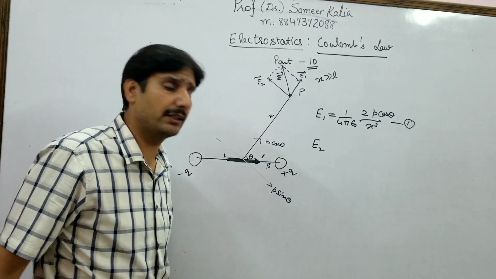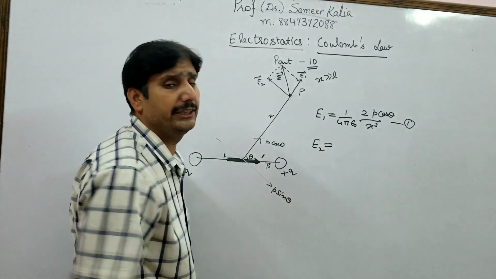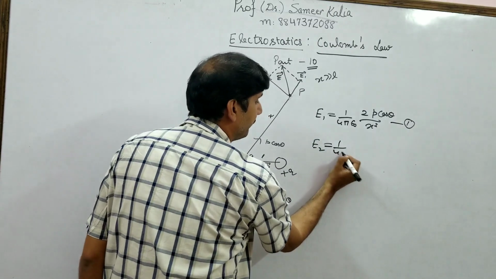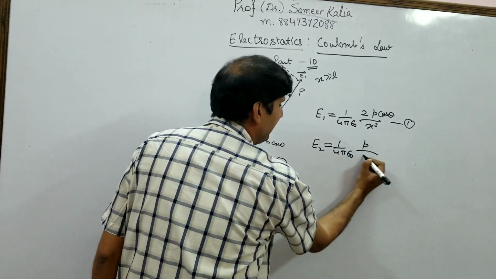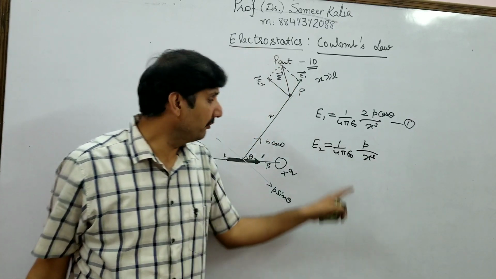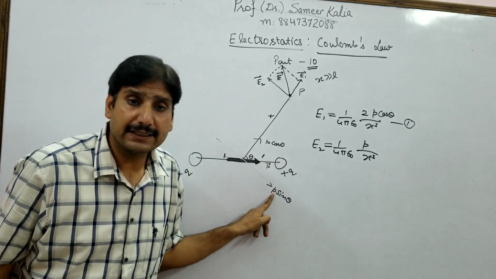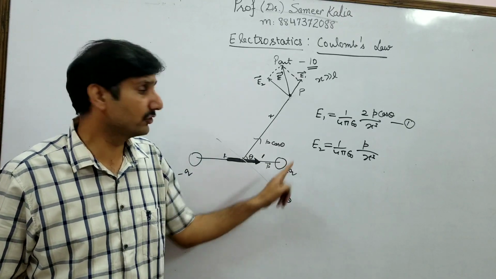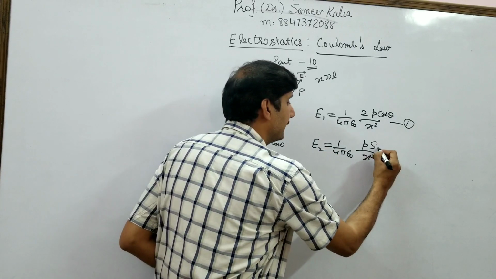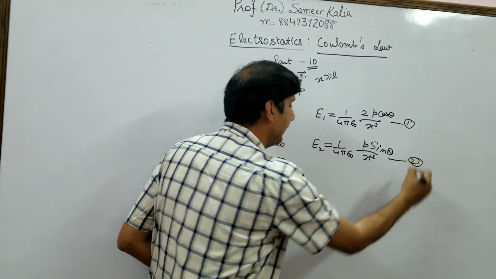From the previous part of this lecture series, I know E2 is 1 by 4 pi epsilon naught, p by x cube. But when we derived this expression, the dipole moment was p. In this case, the dipole moment is p sin theta, so I modify this relation as 1 by 4 pi epsilon naught, p sin theta by x cube.